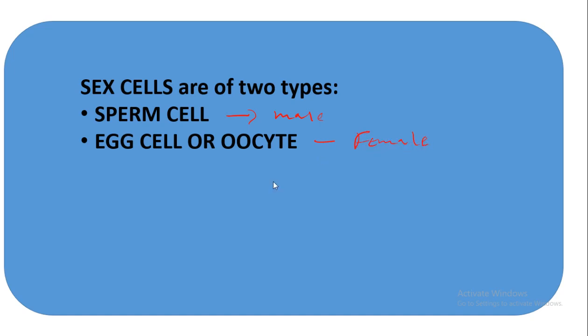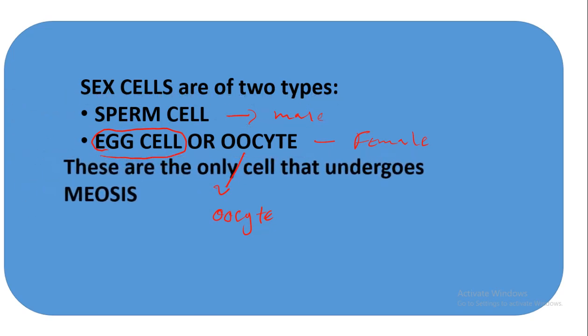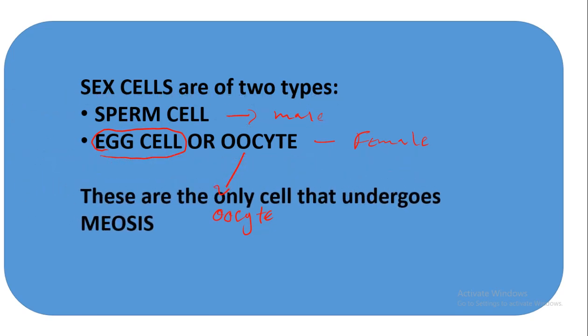Please take note that your lecturer, your tutor, or your examiner might not use the word egg cell. Instead, the word which will normally be used is the oocyte. So wherever you see the word oocyte, we're simply talking about the egg cell. Now, kindly take note that these are the only two cells that undergo meiosis.